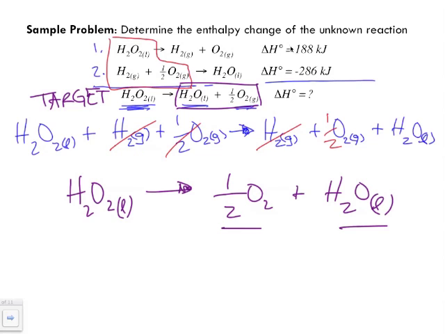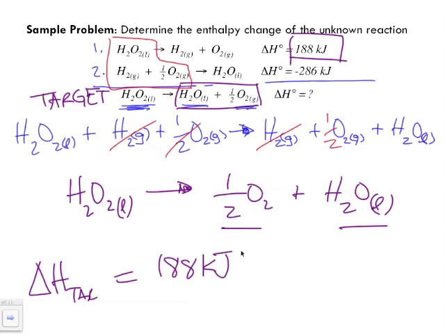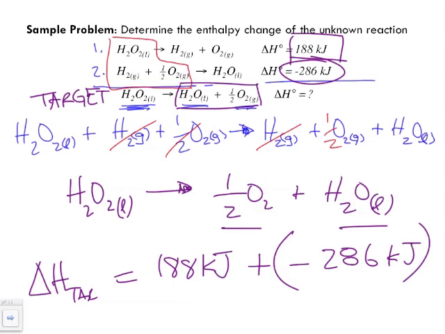So what we're going to do is add this. Our change in enthalpy of our target is really going to be 188 kilojoules plus this negative 286 kilojoules. And just to reiterate some basic math skills, a positive plus a negative is going to form a negative.